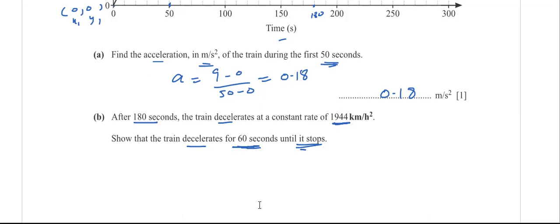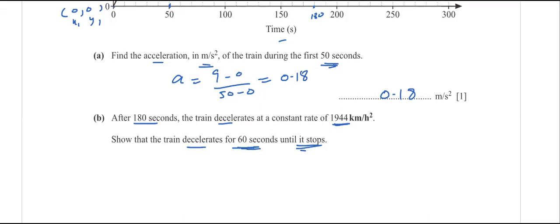In that case, first I have to change the unit of the negative acceleration. The given unit is kilometer per hour square. First change the kilometer into meter, because the speed is in meter per second. So it will be 1944 multiplied by 1000, that will become meter.